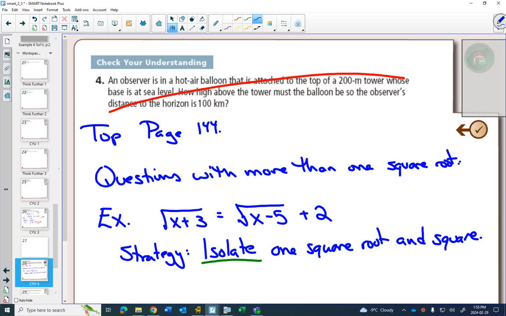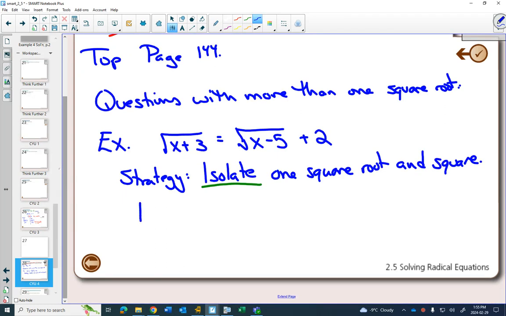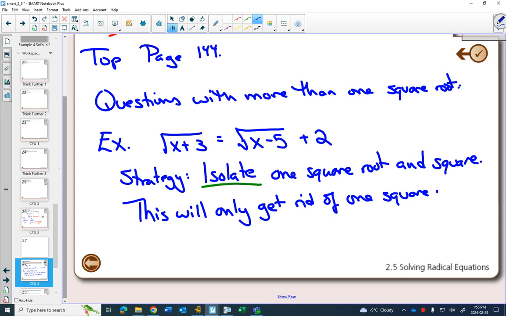So when we do this, this will only get rid of one square root.